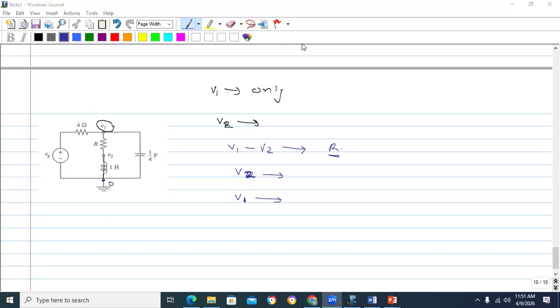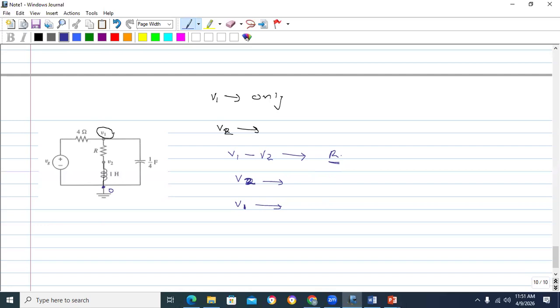Yes, V2 is across the inductor, very good. And what is V1? Yes, very good.